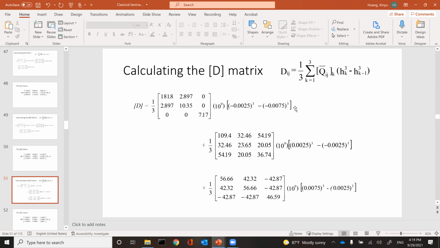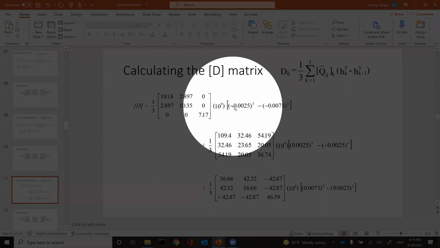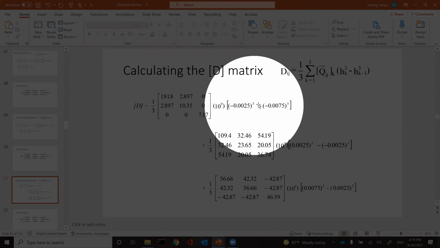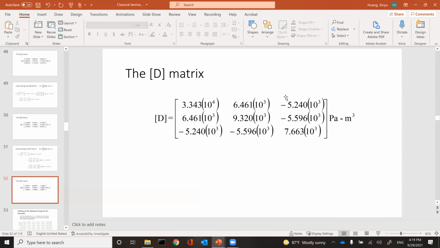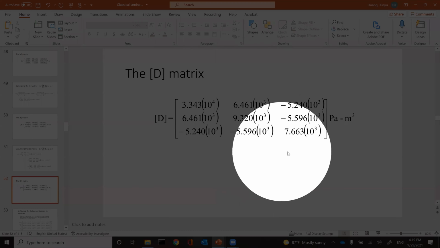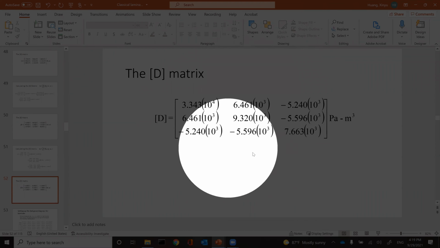All right. Now the D matrix, similarly, your Q bar multiplies a different scaling factor. This scaling factor is length to the power of 3, cubed. So the unit will be Pascal meter cubed, whatever you got. And you sum the 3 together, and that's your D matrix. Pascal meter cubed.